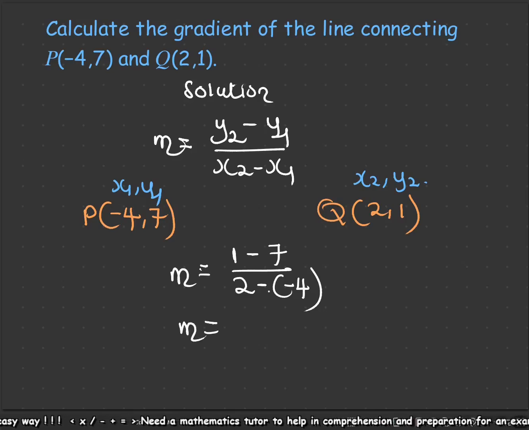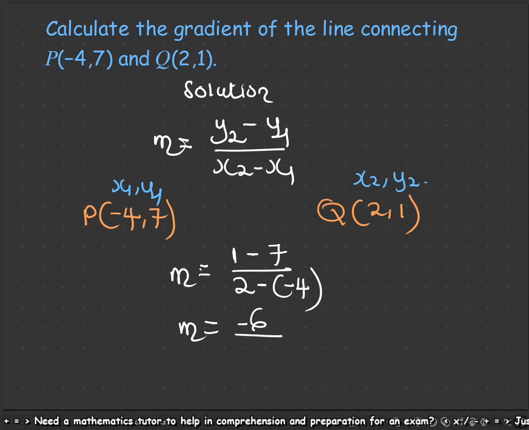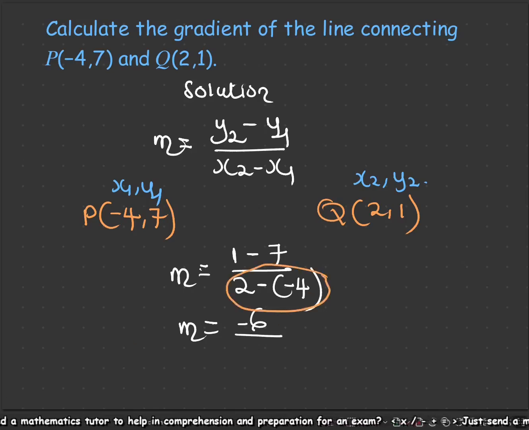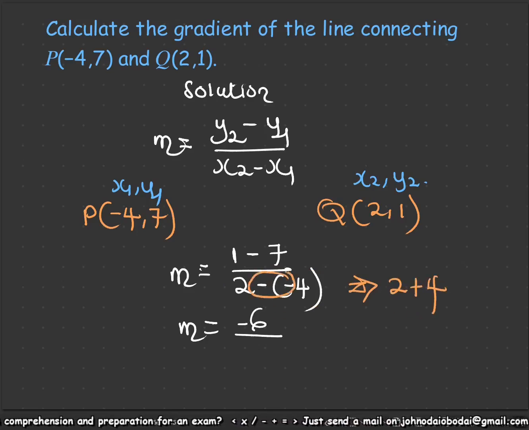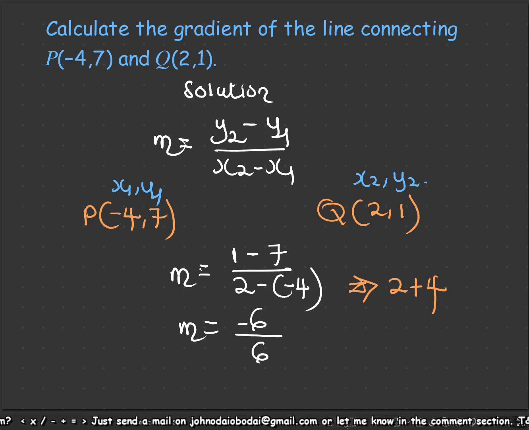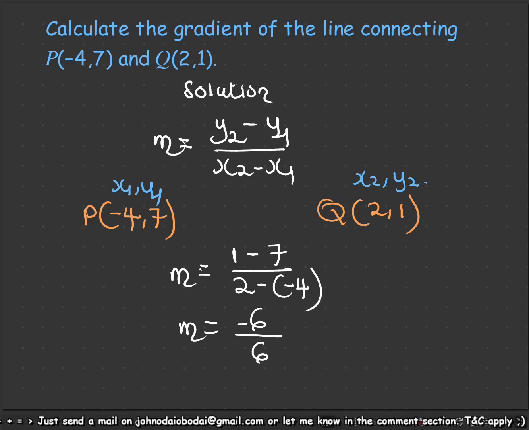Simplifying further, you have 1 minus 7, which gives us -6, all over. Remember, applying integers here, it means you are going to get 2 plus 4, because of these two negatives you have over here. So 2 plus 4 gives us 6. So on that note, we are going to get -6 divided by 6, which then gives us -1.